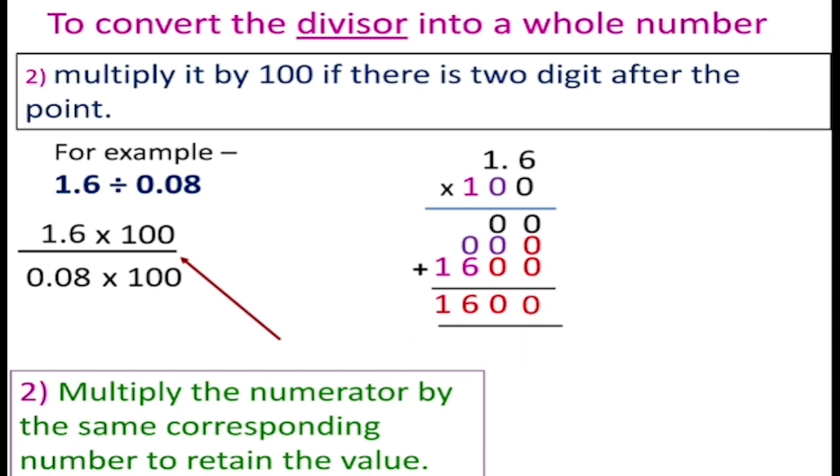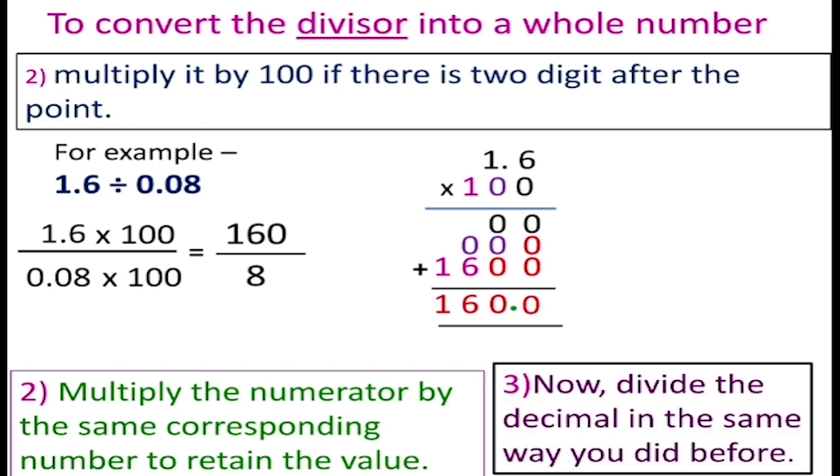Now put the decimal point after one digit from the right hand side. It becomes 160. So the numerator becomes 160. And when 0.08 is multiplied by 100, it becomes 8. Now divide the decimal in the same way you did before. Now divide 160 by 8.